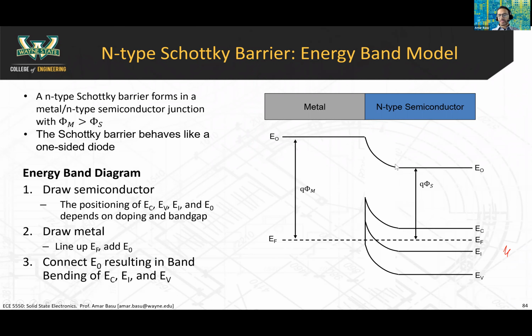This negative slope here means that there's an electric field. The electric field is proportional to the slope of the band diagram. So it has a negative electric field, and that means the electric field is oriented from right to left, so from N to P. We can assume the electric field goes in this direction because you have a negative slope in the band diagram.